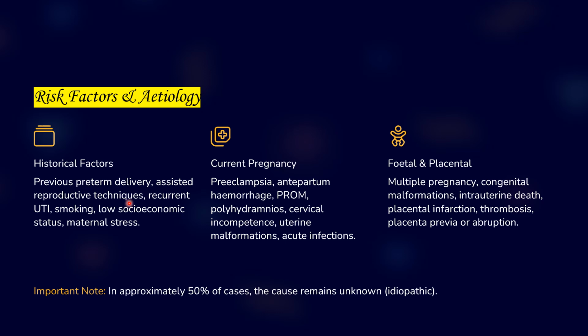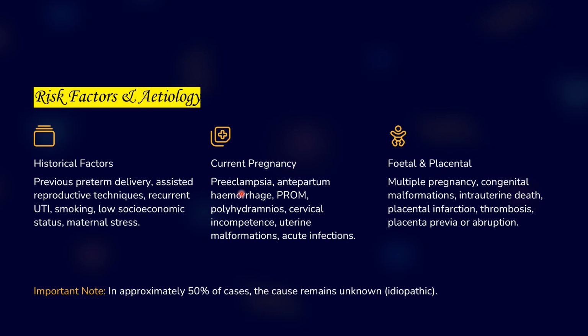Assisted reproductive techniques, that is IVF, recurrent UTI, any infection, urinary tract infection, smoking, low socioeconomic status and maternal stress can be the cause of preterm labor. The other one is the current pregnancy.